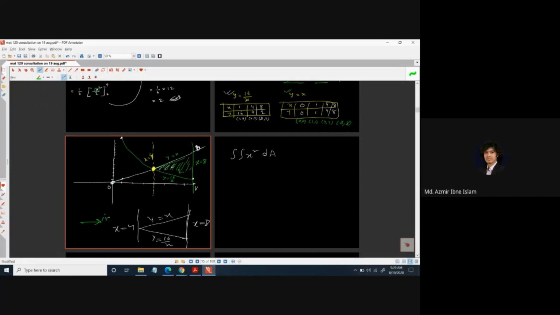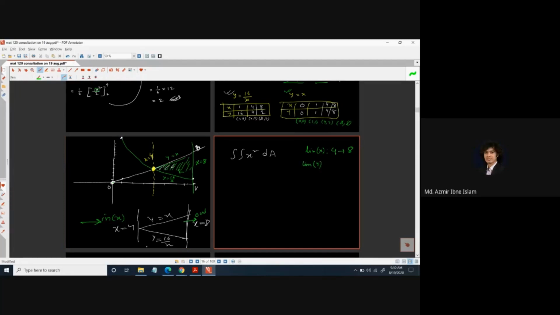What is the in part? x equal to 4. So the limit of x will be 4, that is the lower limit, and the upper limit, the out of x, is x equal to 8. So 4 to 8, right? And the limit of y.